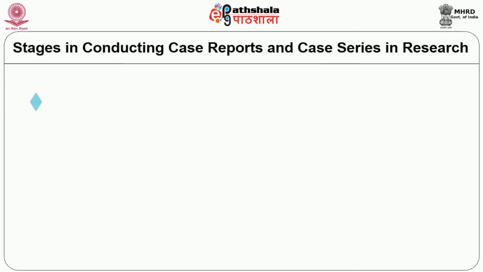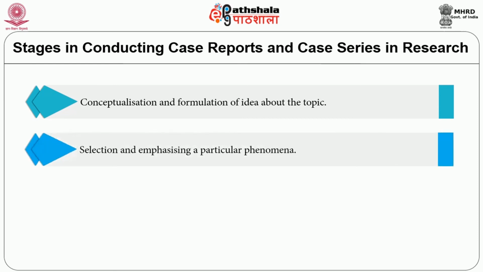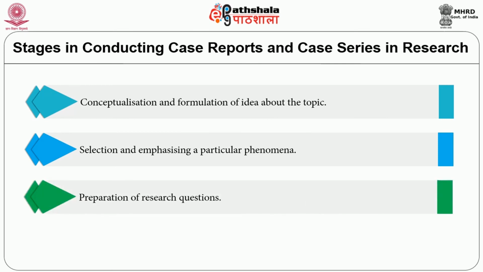Now, we will move on to the stages in conducting case reports and case series in research. There are 8 steps involved in this. The first stage is conceptualization and formulation of an idea about a particular topic. Second is selection and emphasizing a particular phenomenon. Third is preparation of research questions.